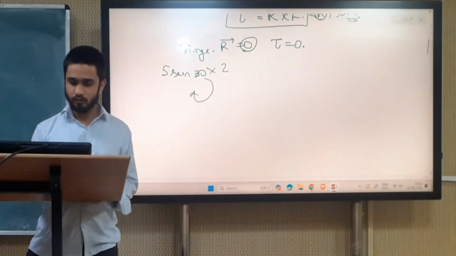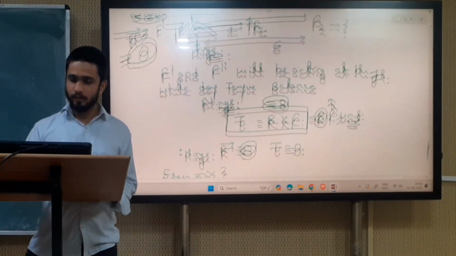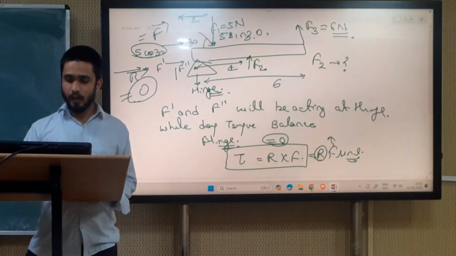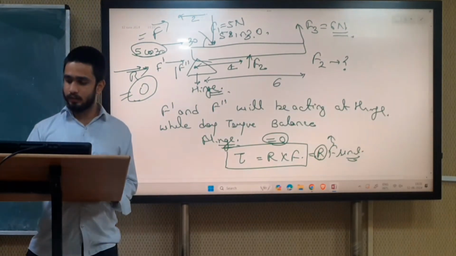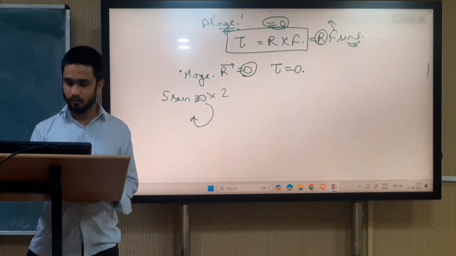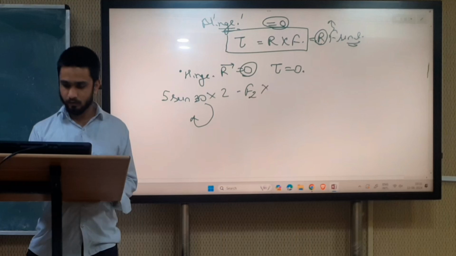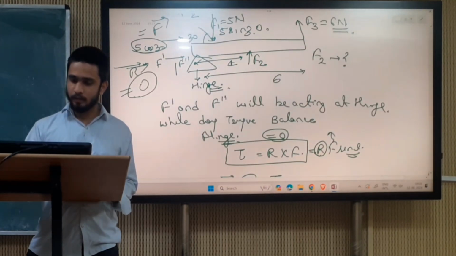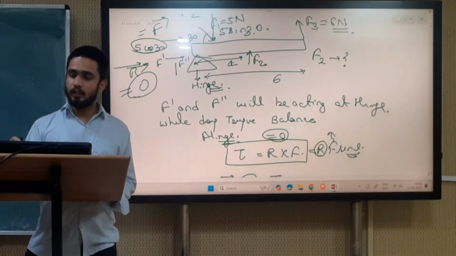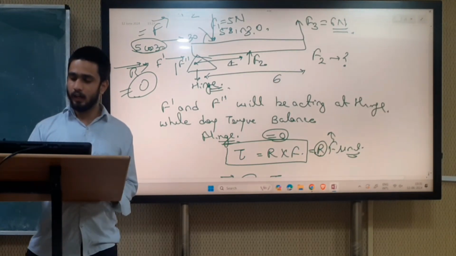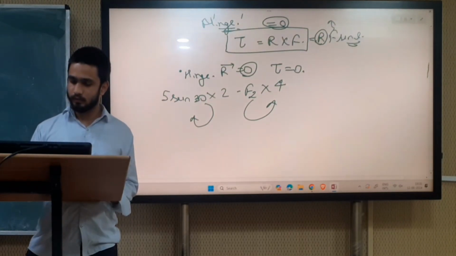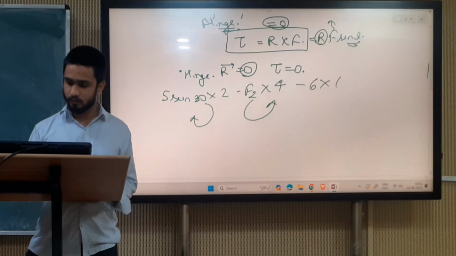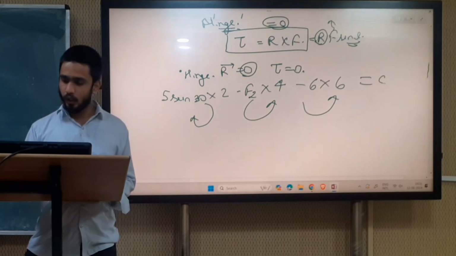And F2 into 4 in the anti-clockwise sense, and 6 into 6 in the anti-clockwise sense, equal to 0.